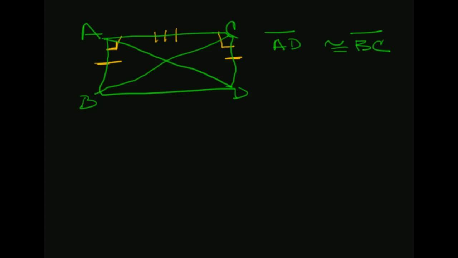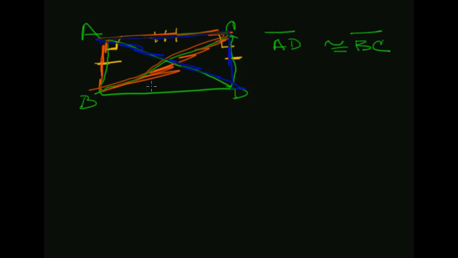So why did I do all that? Well, I'm going to build two triangles here. I have a triangle ABC, which is this red one here, and I'm now going to have a triangle ADC, which is this blue one there.